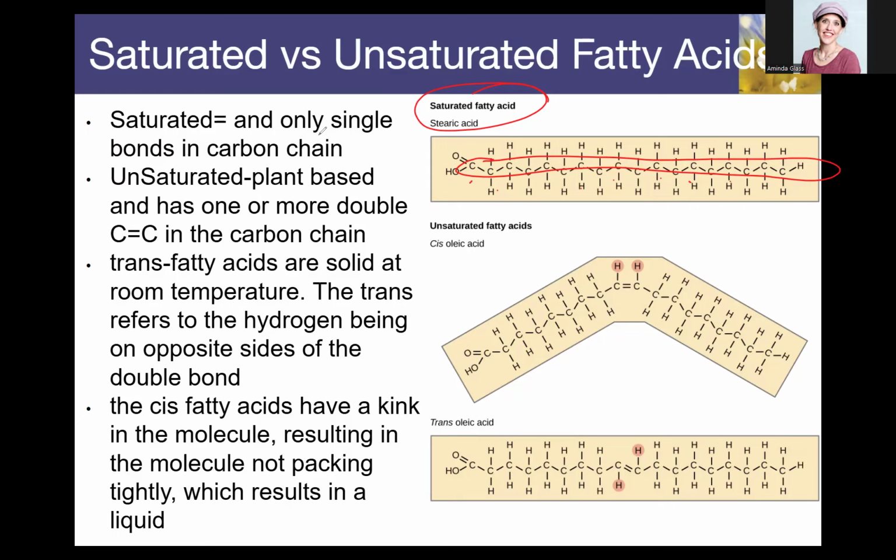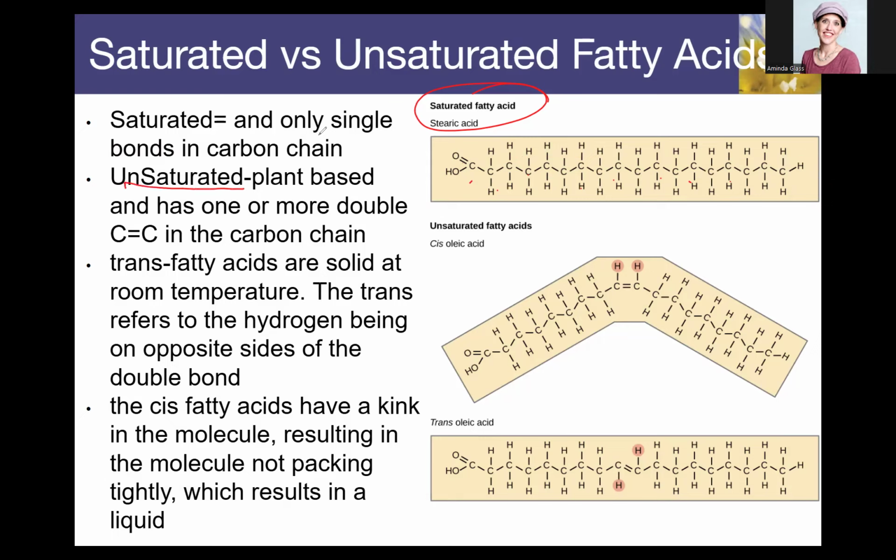There aren't any double bonds between carbons. These animal fats are saturated. They're typically solid at room temperature. Some plant oils can be saturated as well, like peanut oil. And saturated fats tend to have a longer shelf life than unsaturated.